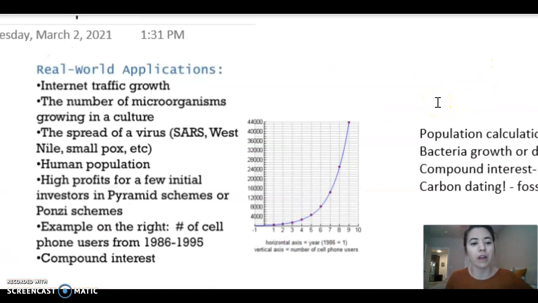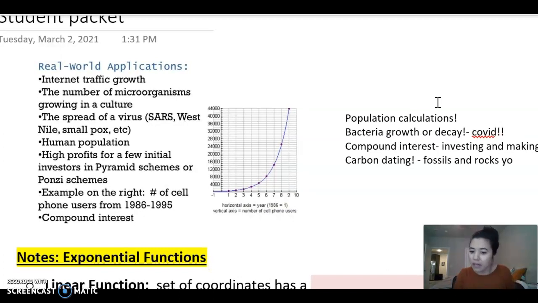So really quick, I just want to give you some insight into why exponentials are super important. Exponentials are really great when it comes to applying them to the real world. They really are useful in so many different scenarios.